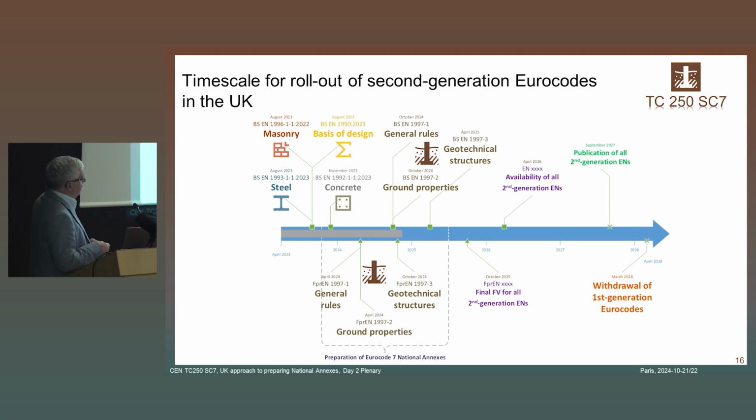For Part 1, we have a draft National Annex. Unfortunately, we're waiting for the structural guys to decide what to do with design service life in the UK, whether to go to the 50-year period or stick with the traditional UK 60 years. And the other thing is how to deal with consequence classes and consequence factors.